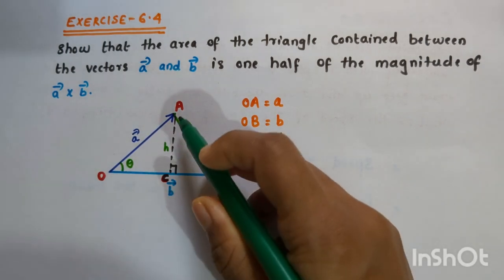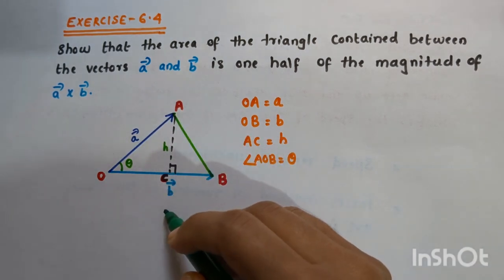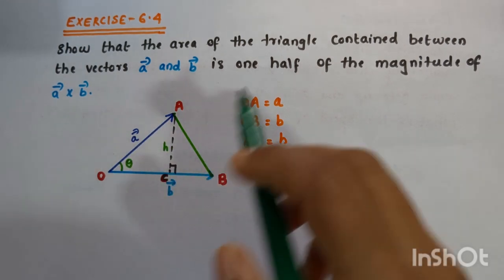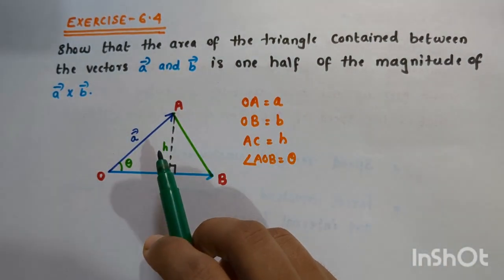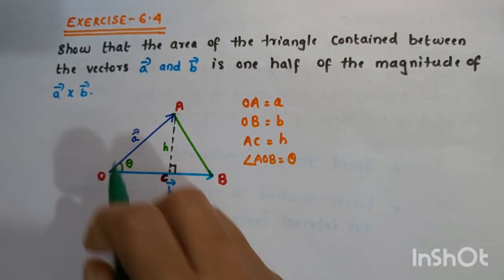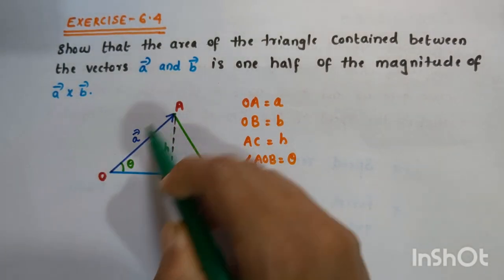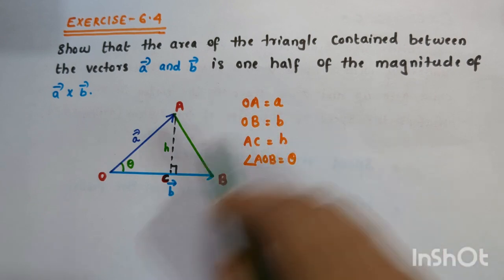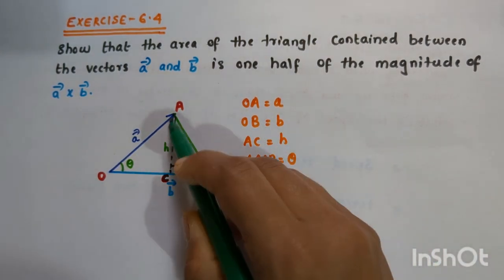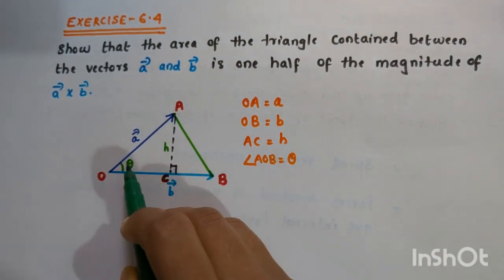And let us consider the height of this triangle, that is AC, which is equal to H. We want to prove that the area of this triangle is half of the magnitude of vector A cross vector B. In this triangle, OA is the magnitude of vector A, which we take as A. OB is the magnitude of vector B, which we take as B. AC is the height of the triangle, which is H. Angle AOB is equal to theta.